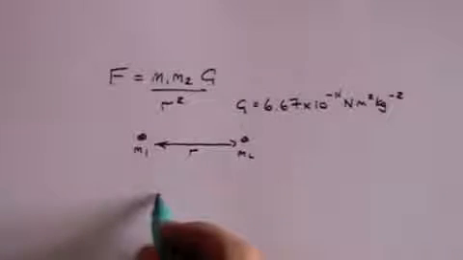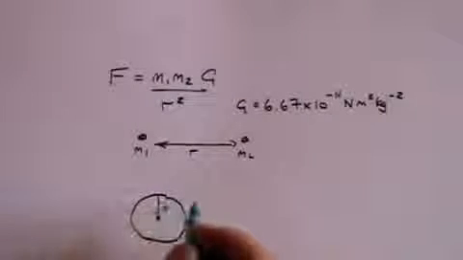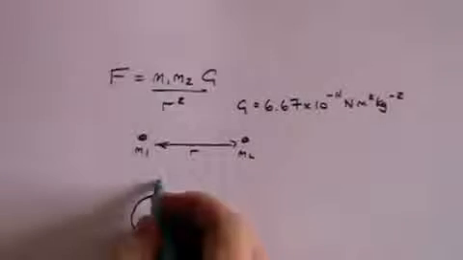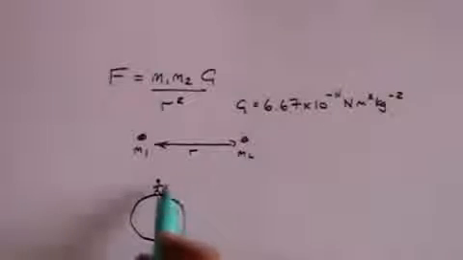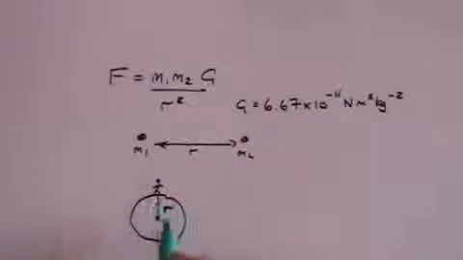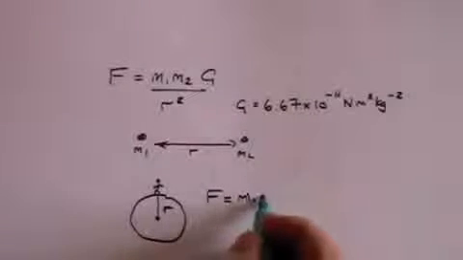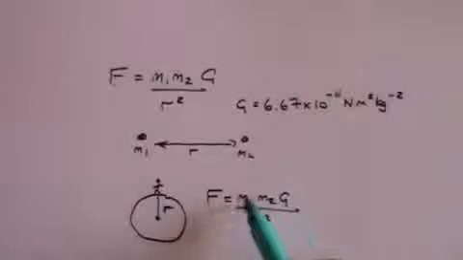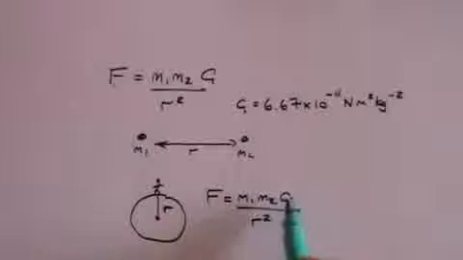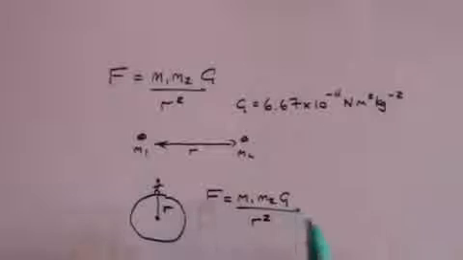Now, when we are standing on the Earth, here's the Earth, there's essentially R for our purposes, and here am I standing on the Earth. When I stand on the Earth, R is constant. My mass is m1 and the Earth's mass is m2. And so writing this, we get m1 m2 G over r squared. But m1 is my mass, m2 is the mass of the Earth, G is a constant, and r, of course, is a constant if I stay on the surface of the Earth.